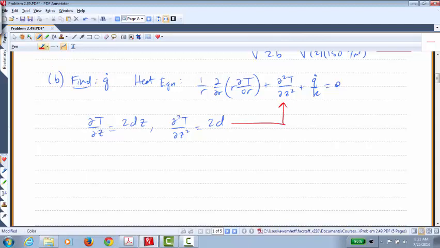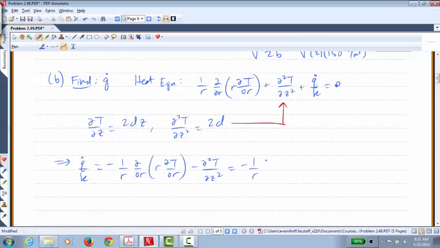We already know dT/dr, so let's go ahead and modify this thing now. So first let's take Q dot over k and isolate it on one side. So we get minus 1 over r d/dr of r dT/dr, minus d squared T/dz squared.